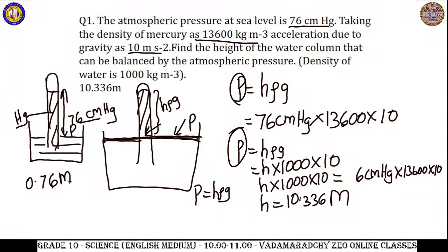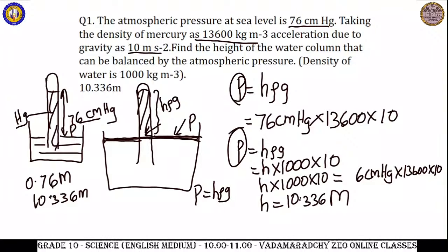But if we use water, we need 10.336 meter. Due to this fact, we use mercury as the fluid in the barometer.